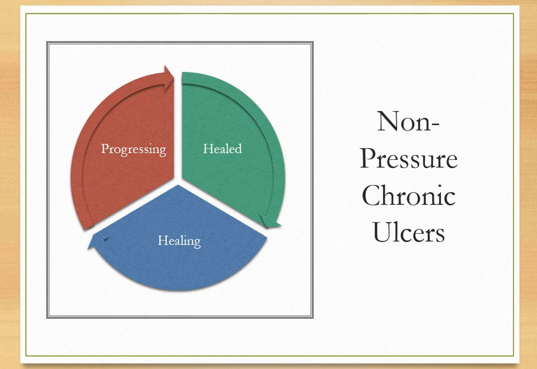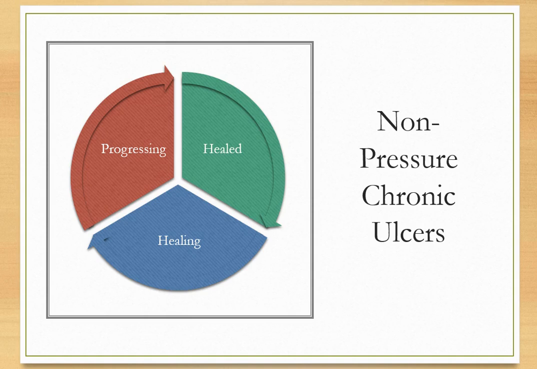If the documentation does not provide information about the severity of the healing non-pressure ulcer, you're going to use the unspecified code. If the documentation is unclear, just like with your pressure ulcers, as to whether or not it's a current or a new non-pressure ulcer, or if this is a healing ulcer, you want to query the provider.